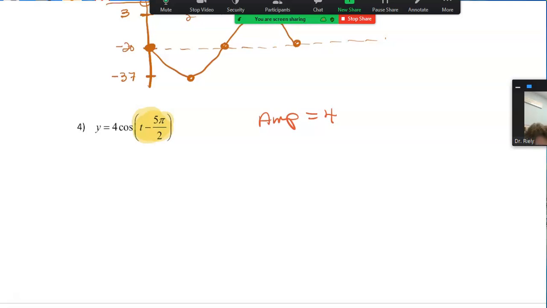Okay, this says t minus 5 pi over 2. That means that you're going to add 5 pi over 2 to your original starting angle of 0 radians. When you add 5 pi over 2, you get 5 pi over 2.